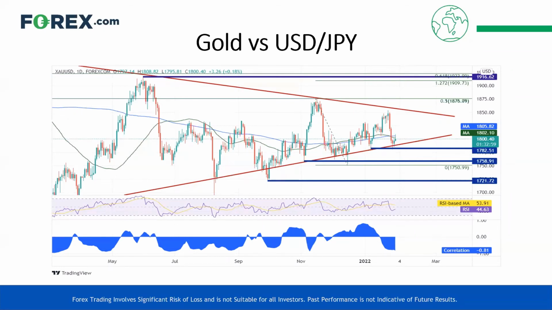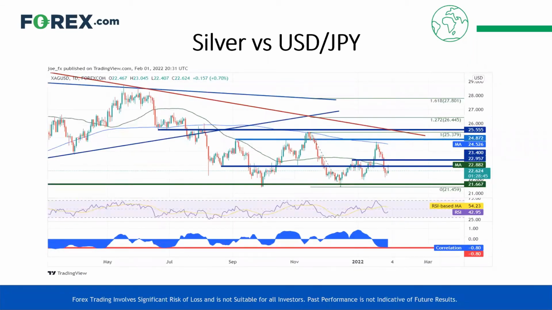Some people look for correlations of negative 0.9 as a buffer in between there. So it's right on the border, and the same with silver. The correlation of dollar yen and precious metals may be coming into favor.